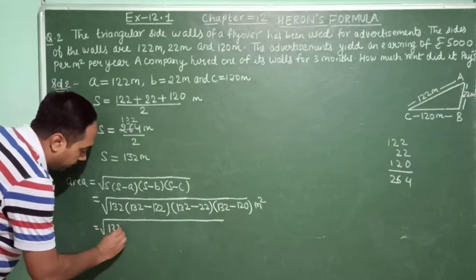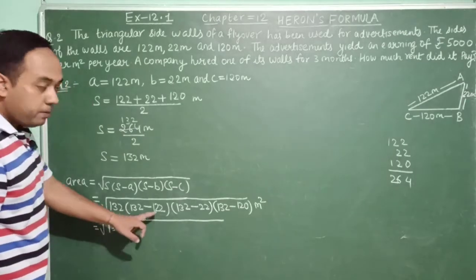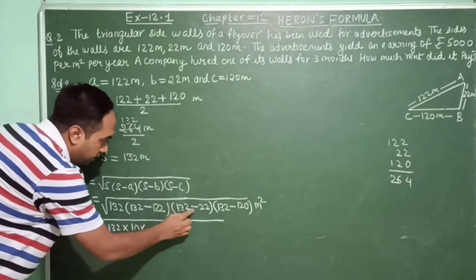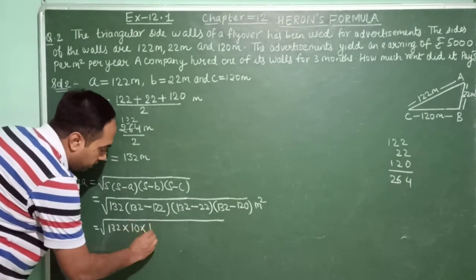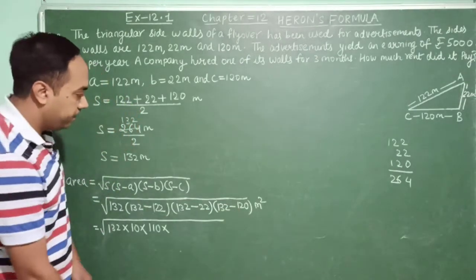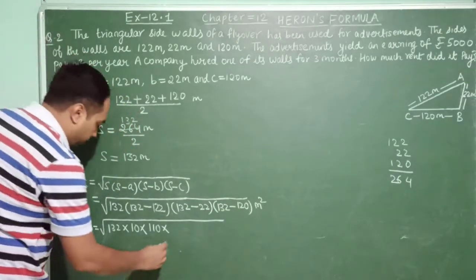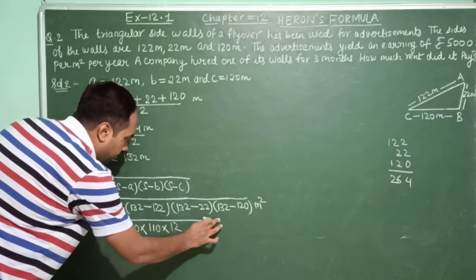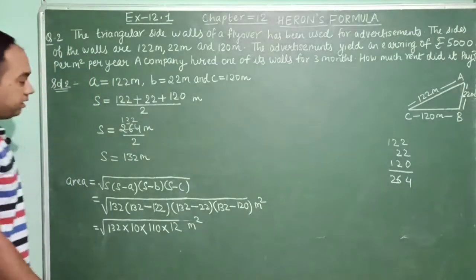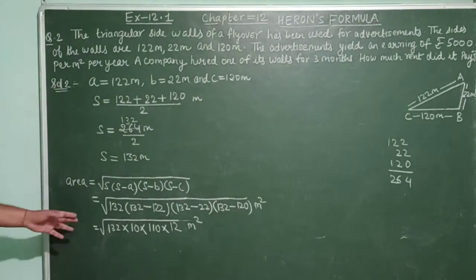This is equal to under root of 132 into 132 minus 122, this will give us 10. 132 minus 22, this will give us 110. And 132 minus 120, this will give us 12. And outside meter square will be written. Now further solve it.